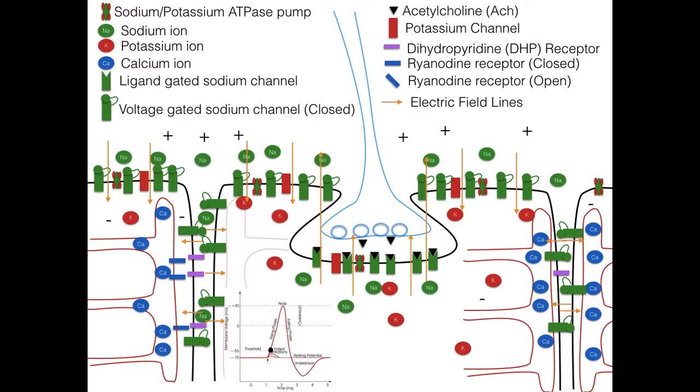We're going to symbolize the fact that the electrical field has weakened by turning these arrows around. They're no longer strong enough to keep ligand-gated ion channels closed, or to keep voltage-gated ion channels closed. There aren't very many voltage-gated ion channels in the synapse, but there are some close to the synapse. So those channels are going to open up. When those channels open up, sodium flows through them.